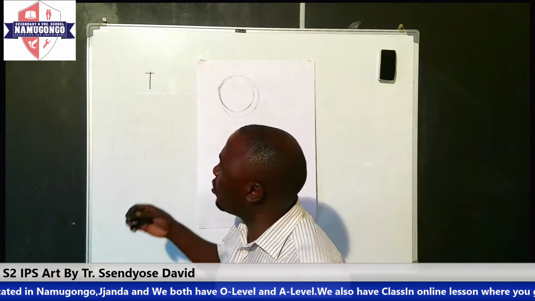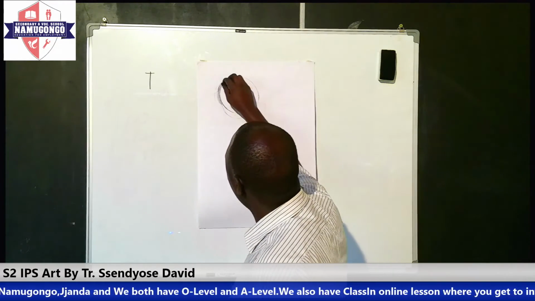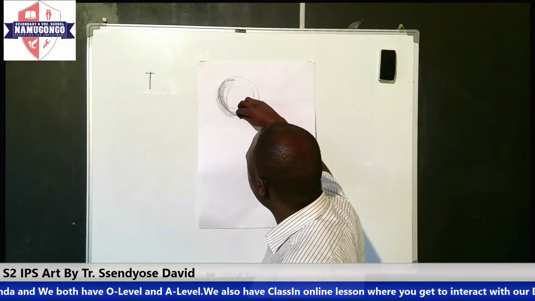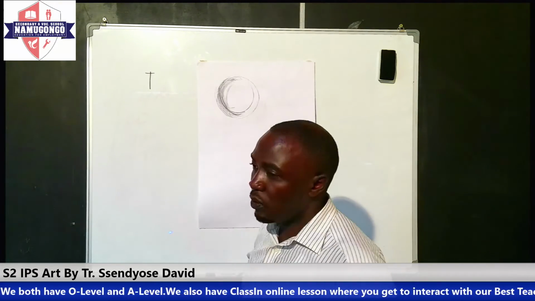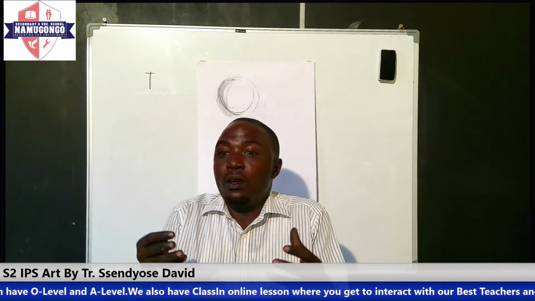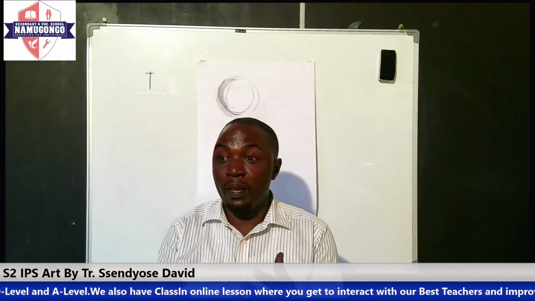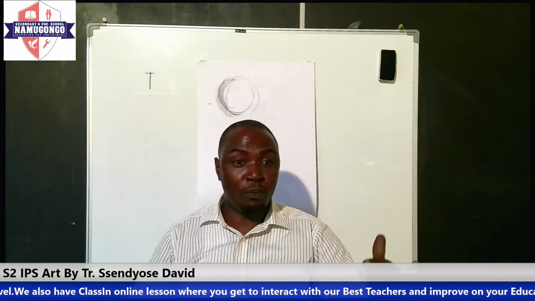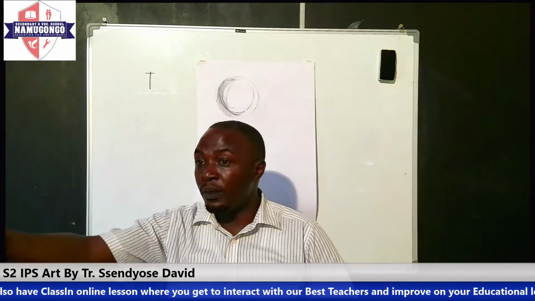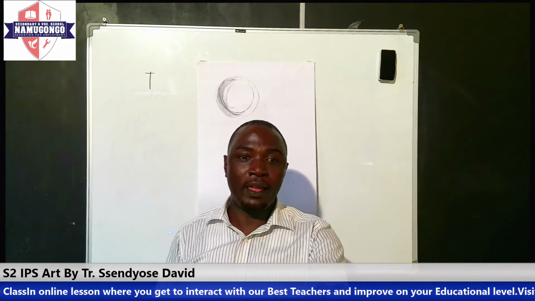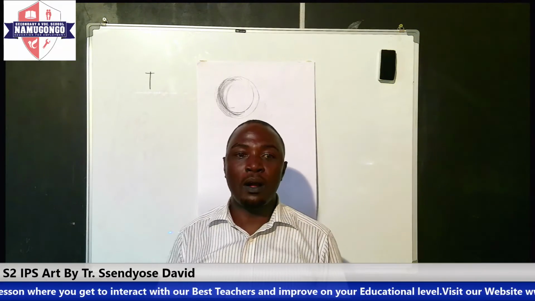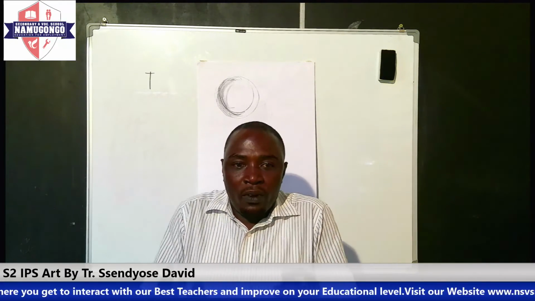But the moment you add some tone or shading, it will gain its roundness and become a form automatically, because you'll be in position to view it from three sides.